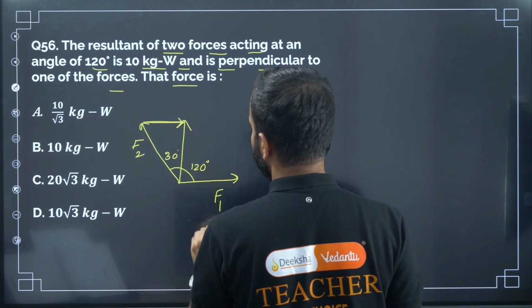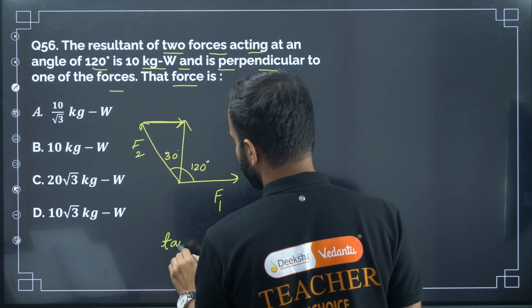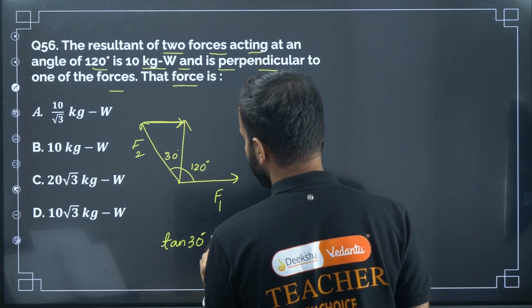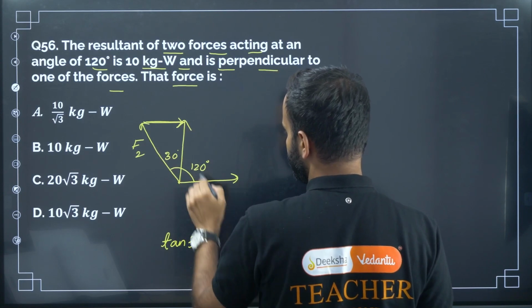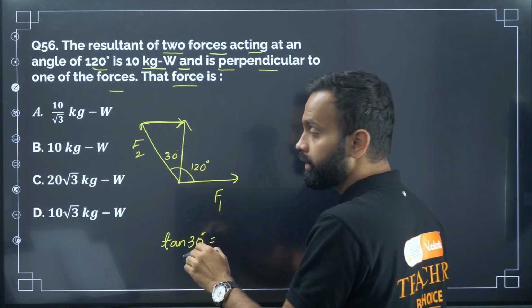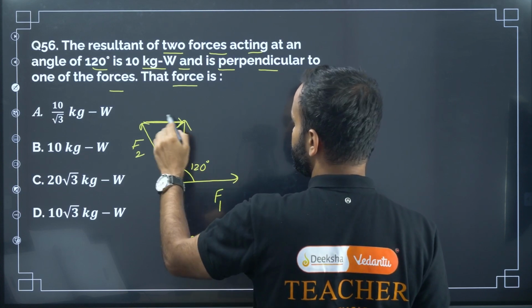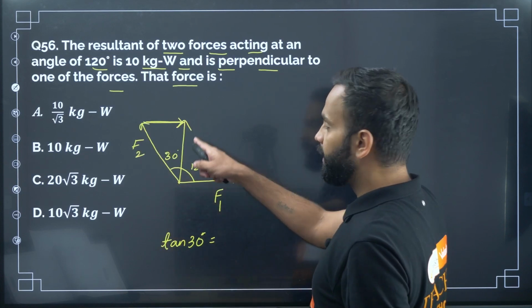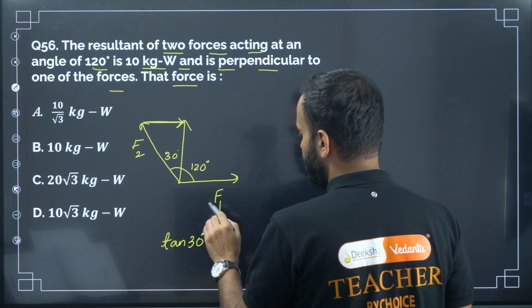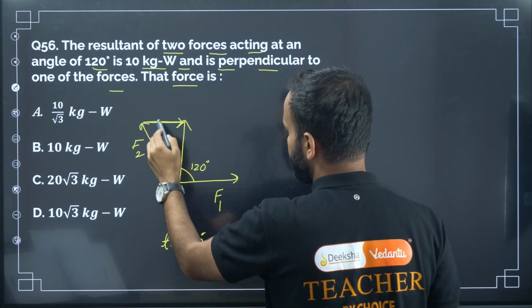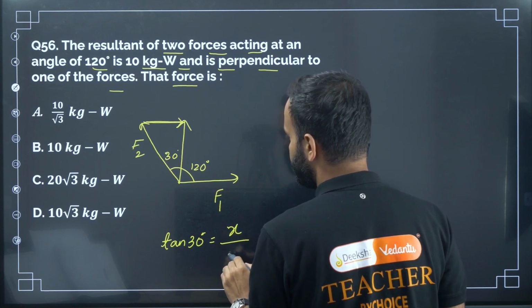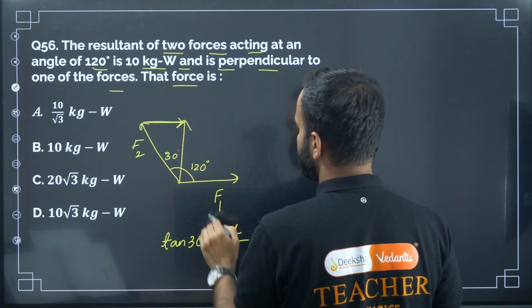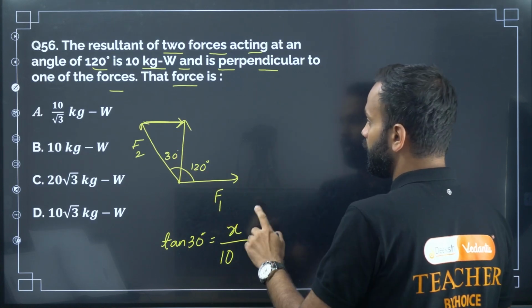So now here tan 30 degree is equal to perpendicular by base, right? So let's say this perpendicular is x divided by base, that is 10 kg weight.